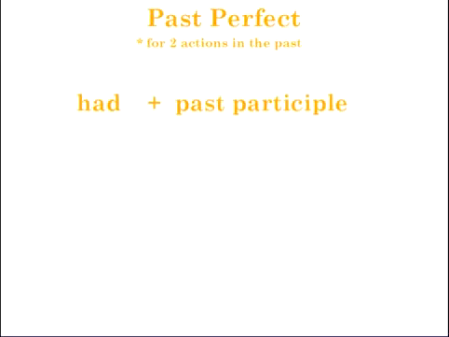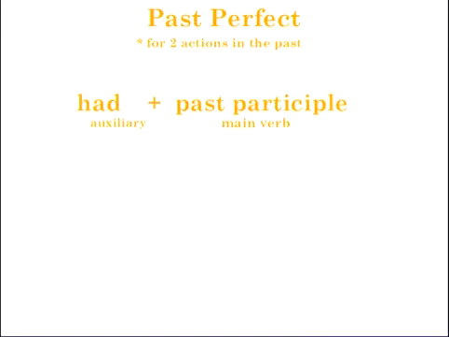We're always using our auxiliary verb had and the past participle, which is the main verb. If I want to be negative, I can use the negative auxiliary hadn't.